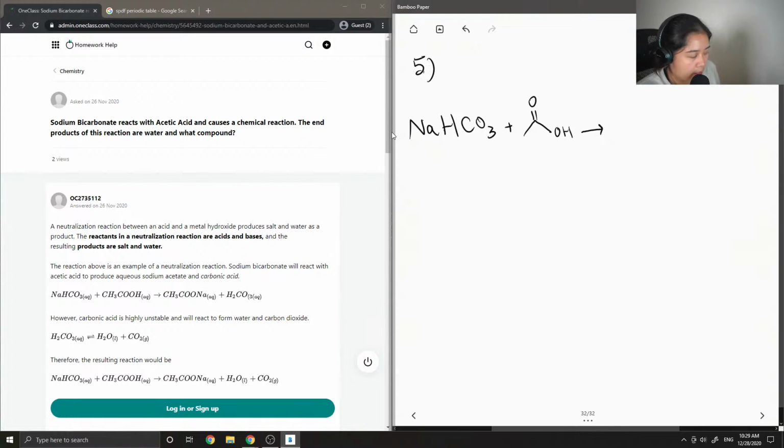So first, typically we would write a double displacement reaction. So in this case, the hydrogen on the acetic acid swaps places with the sodium ion. So we're left with the following.